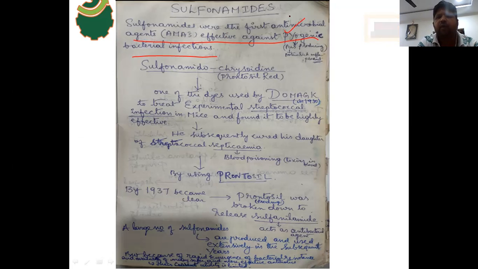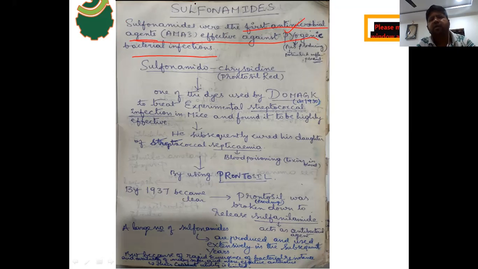Why am I using the term antimicrobial agent here? You may be surprised why I am not using antibiotic. Let me tell you, sulfonamides are not obtained from any microorganism. When I call something an antibiotic, it should be produced by a microorganism, synthesized from a microorganism.